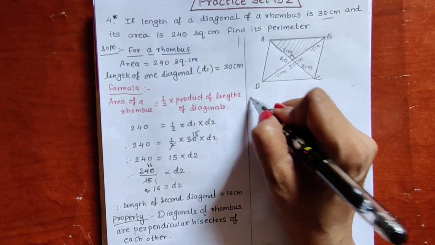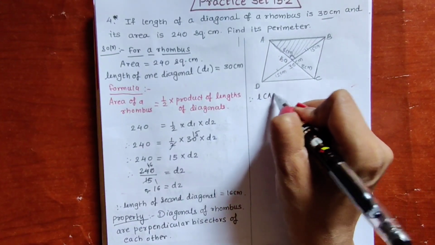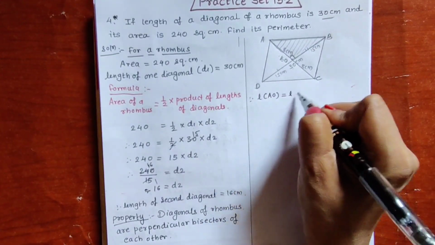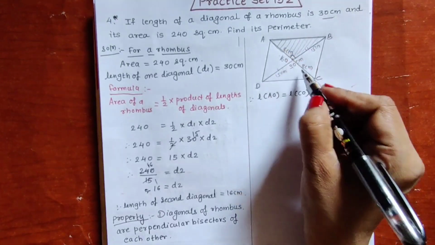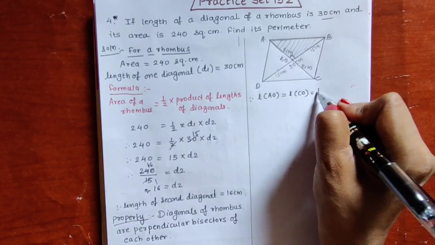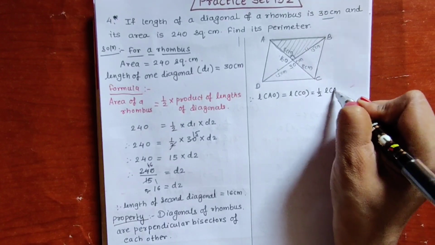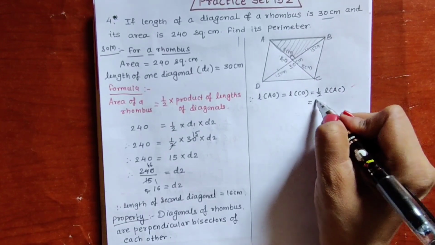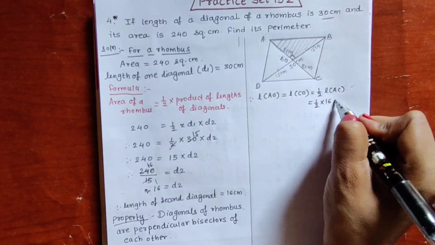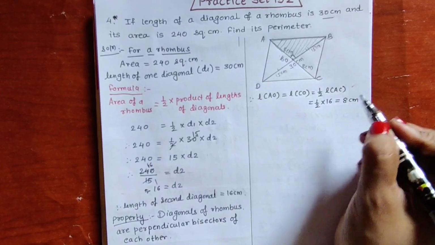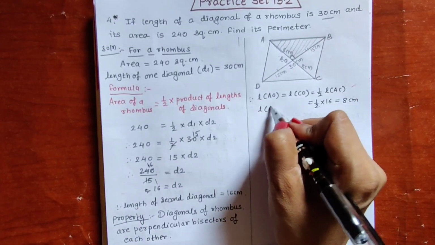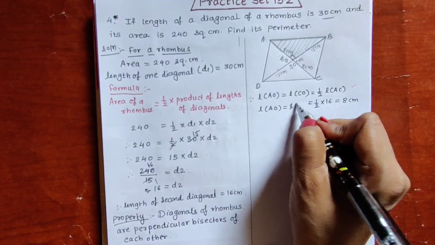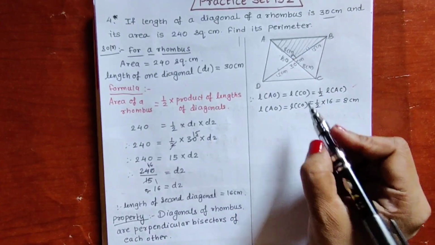So therefore length AO is equal to length CO. AO and CO will be half of length AC, and it will be half of 16, that means 8 centimeter. AO and CO are equal to 8 centimeter.